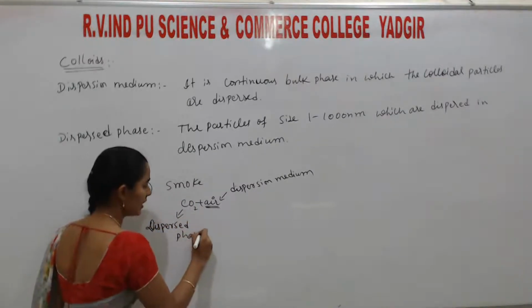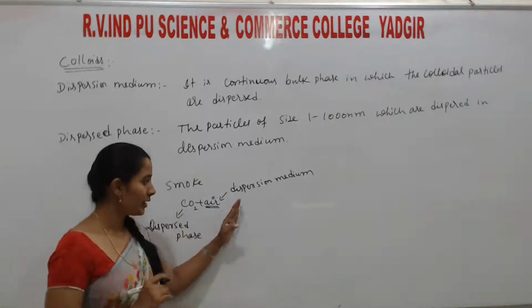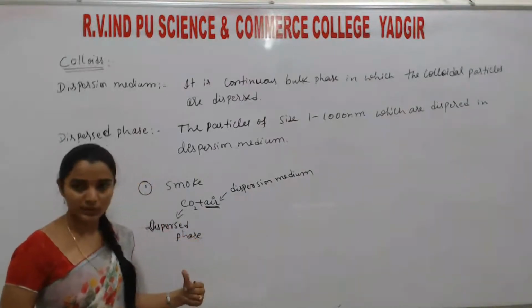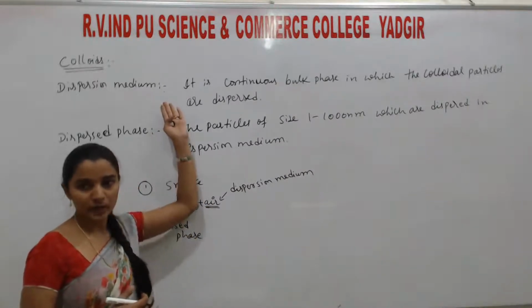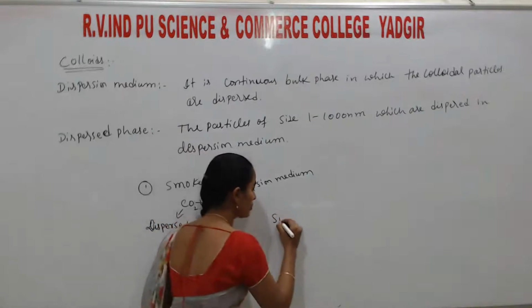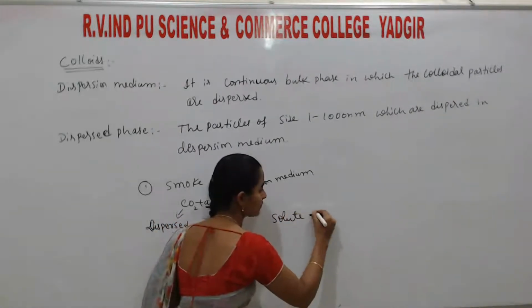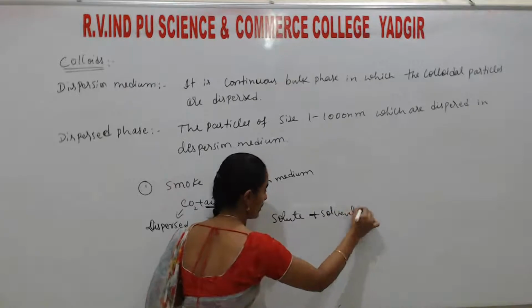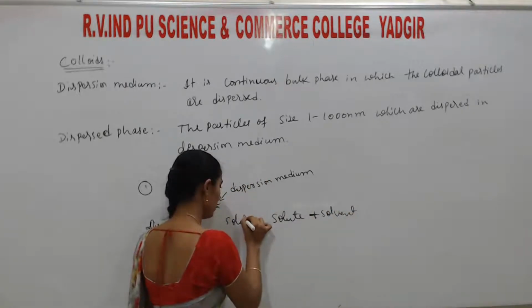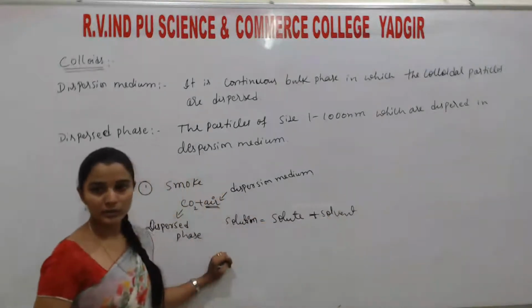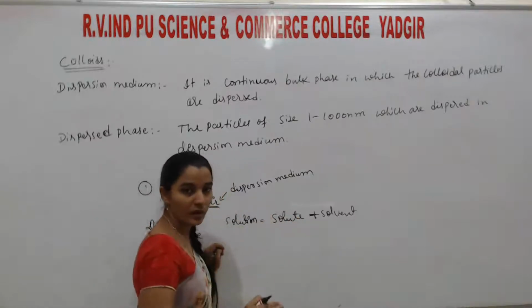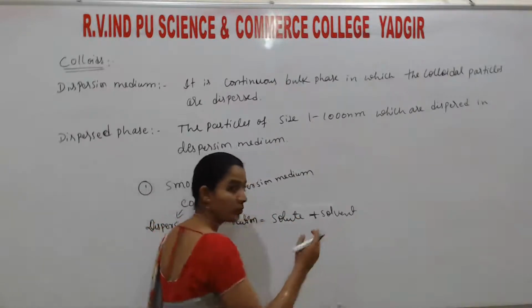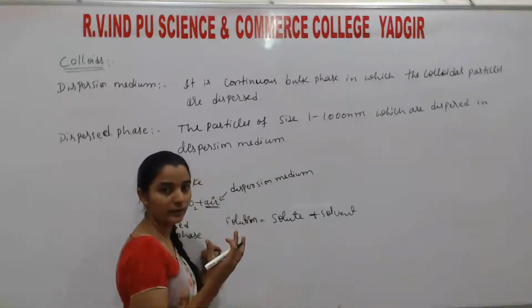So listen students, the easy thing to remember is that dispersion medium and dispersed phase are simply words for a solution, but this solution type is colloid. In a solution, we have solute plus solvent. Solute is what is present in small quantity; solvent is what is present in bulk quantity.